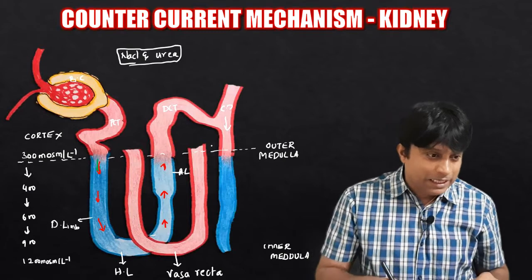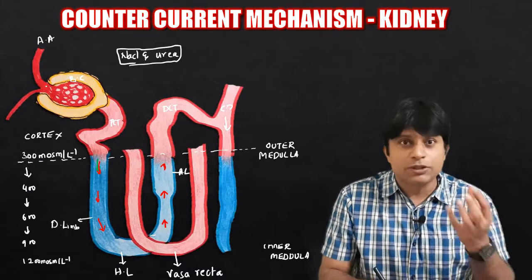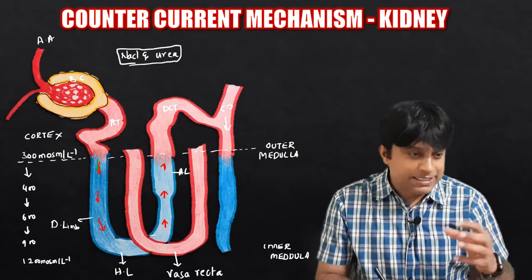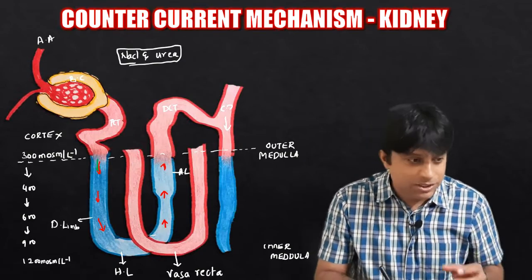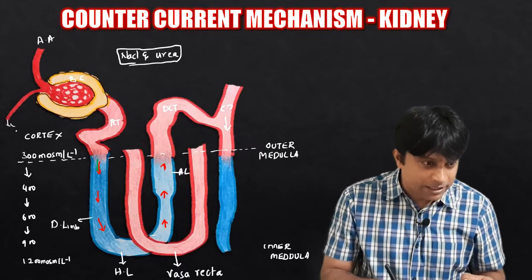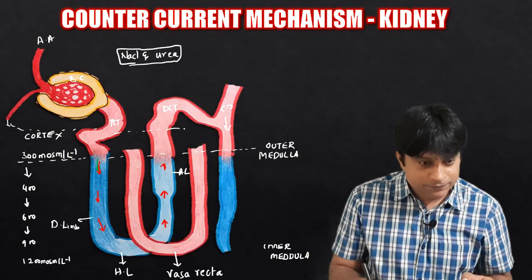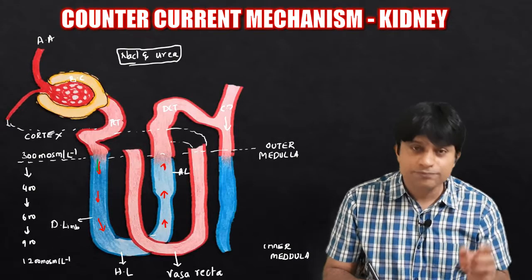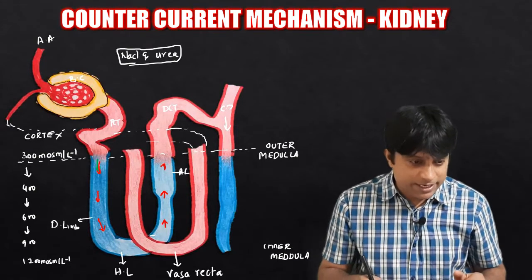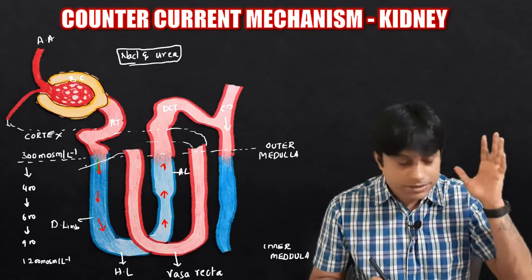So listen, this is your efferent arteriole. The afferent arteriole enters into the Bowman's capsule. Inside the Bowman's capsule it becomes the glomerulus, and leaves as the efferent arteriole. This efferent arteriole spreads as vasa recta, like this. All the way this vasa recta leaves as the renal vein, right?